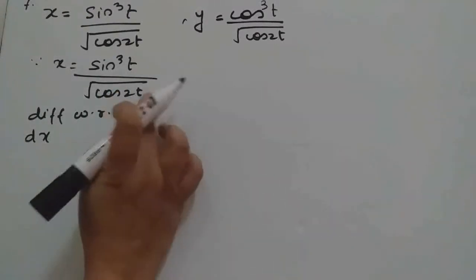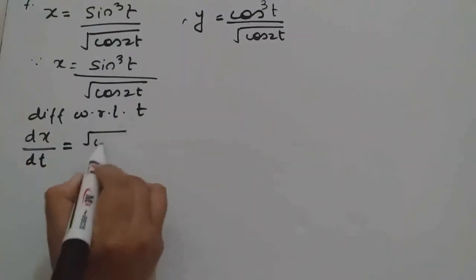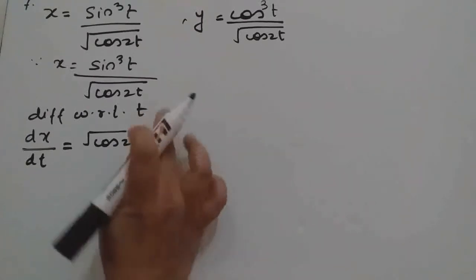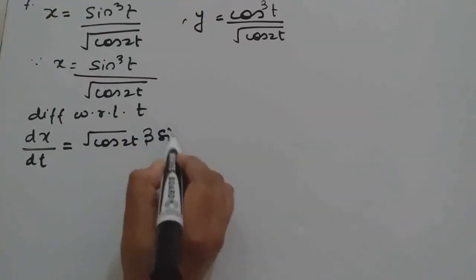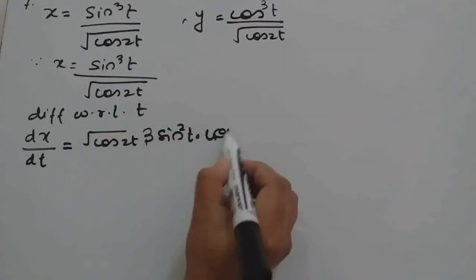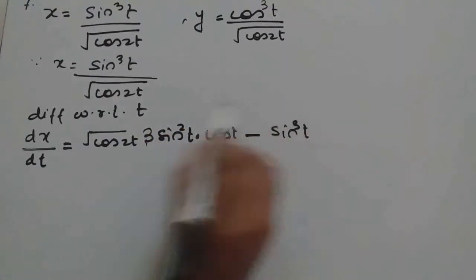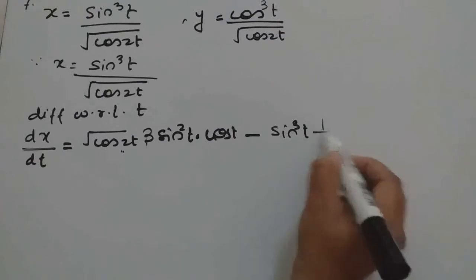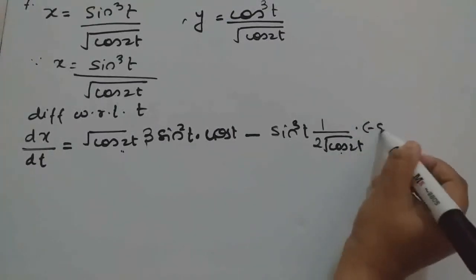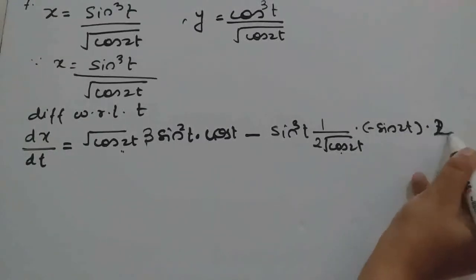So dx by dt will be denominator same, derivative of the numerator. So directly I am writing 3 sine square t into the derivative of sine t is cos t, minus numerator same, derivative of this denominator. So 1 by 2 root cos 2t into the derivative of cos 2t is minus sine 2t, and then the derivative of 2t is 2.